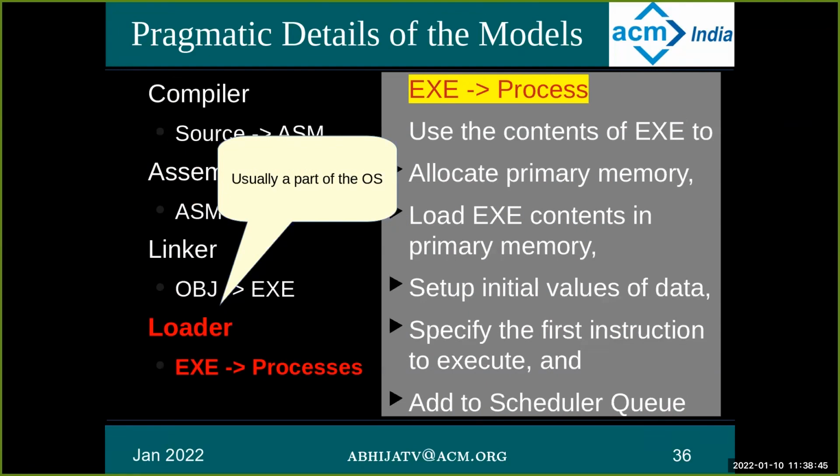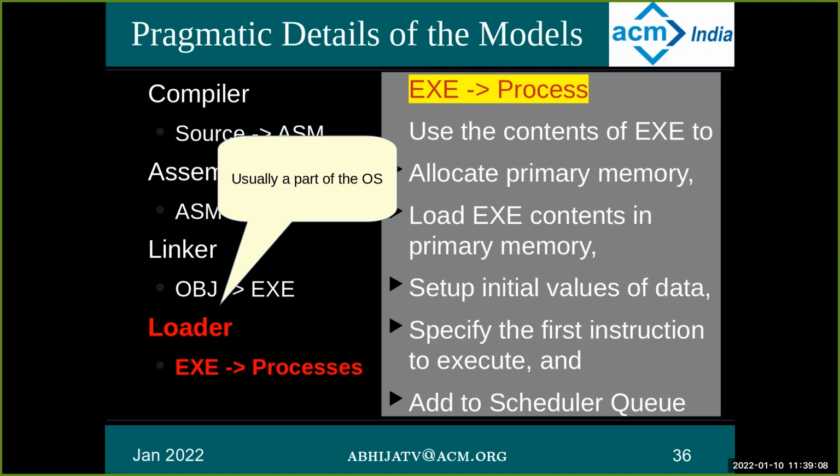But before that, let's revisit the exe to process conversion again. We had seen most of this, but as usual, there is a little more that I'm going to add over here and build up our insight. Okay.